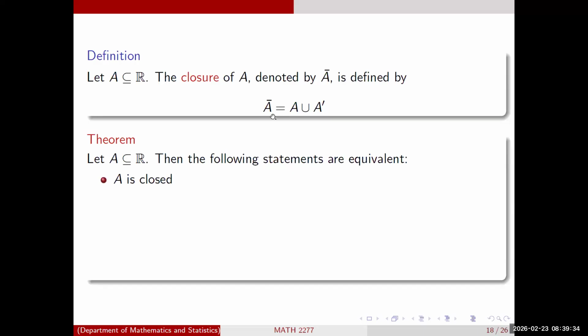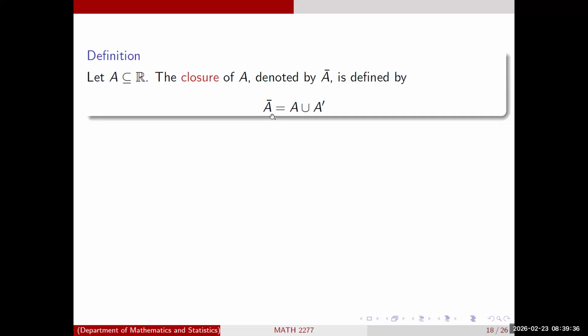When we studied open sets, we had something called the interior of that set. Now, the closure is the analog of the interior, but for closed sets. For open sets, we look at the interior. That's the main guy. For closed sets, we look at the closure.